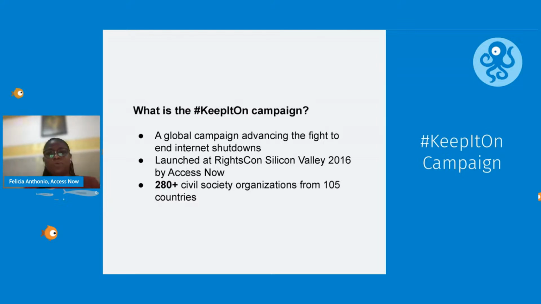So, for those of you who are not familiar, this is a global campaign that was started by Access Now. It's a coalition from around the world, launched at RightsCon, which is Access Now's annual event that brings together diverse stakeholders to discuss human rights in the digital age.